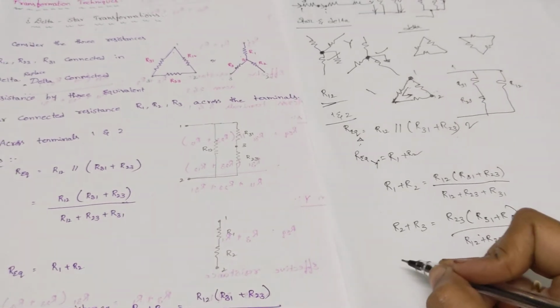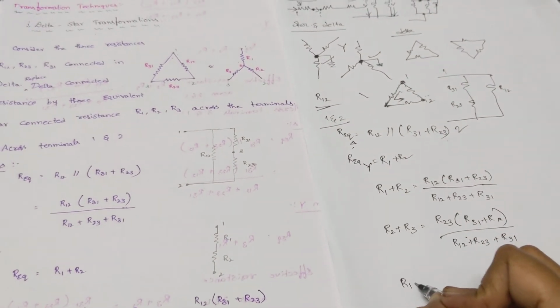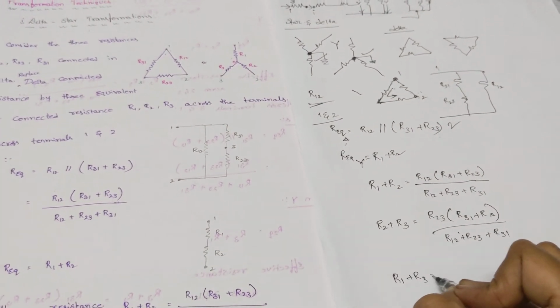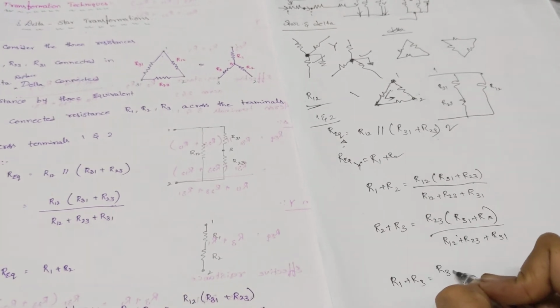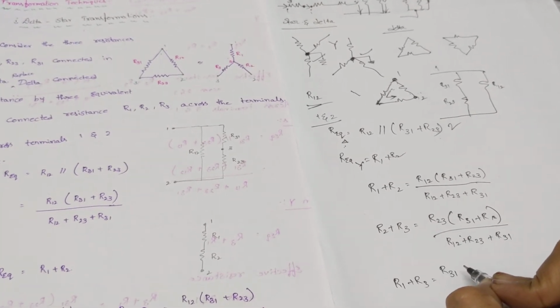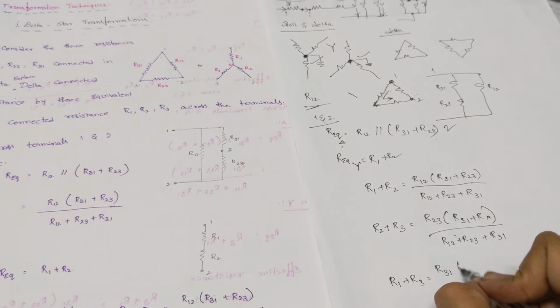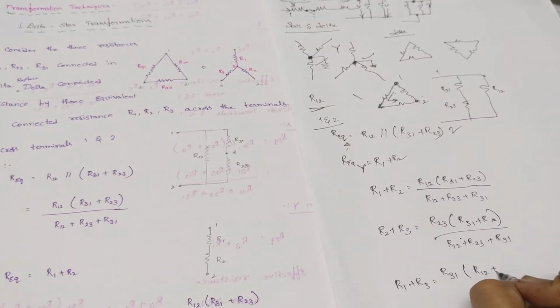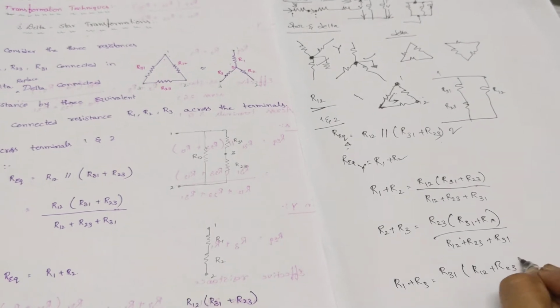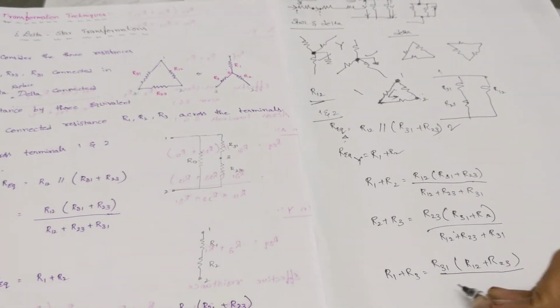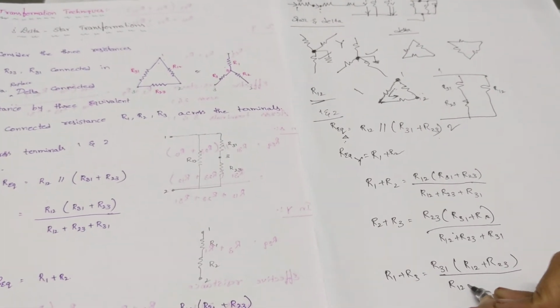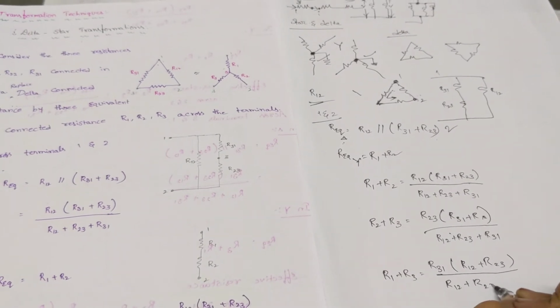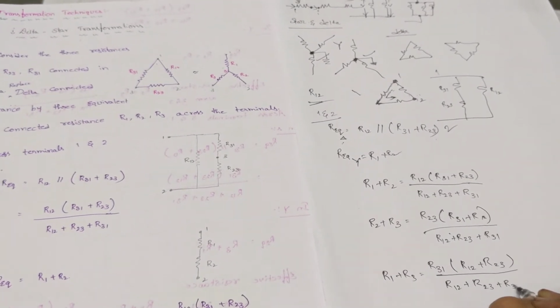Likewise, for terminals 3 and 1, R1 plus R3 equals the corresponding expression, divided by R12 plus R23 plus R31.